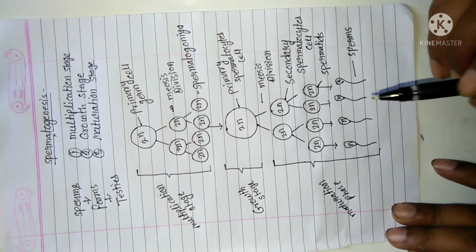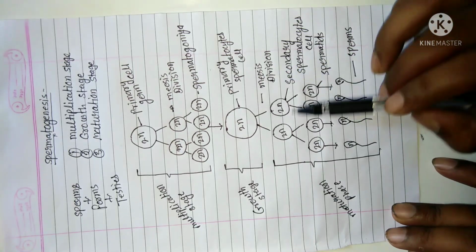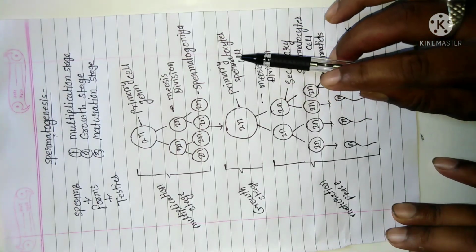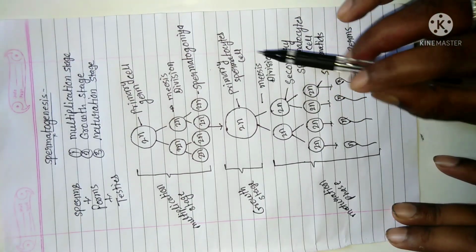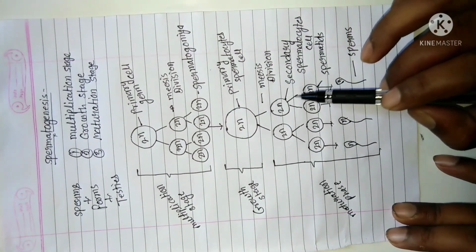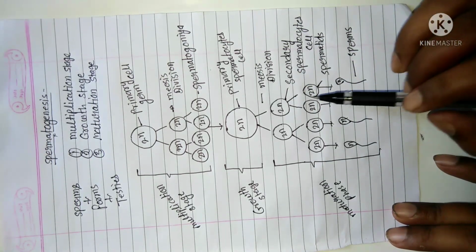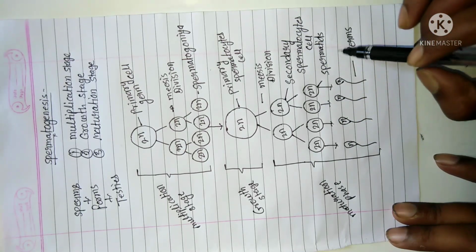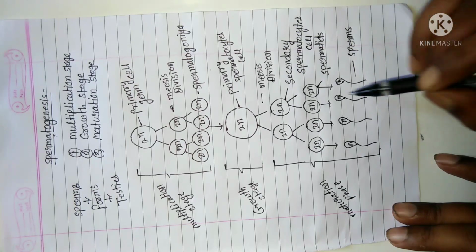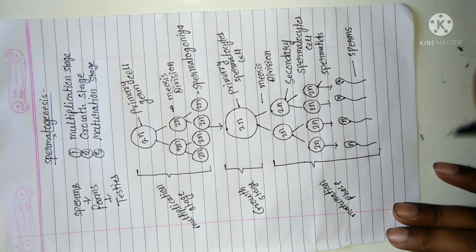Maturation phase starts from primary spermatocyte cells' meiosis division. When primary spermatocyte cells get divided, they form a new cell which is called secondary spermatocyte cell. Secondary spermatocyte forms spermatid, and spermatid forms sperms. Sperms are male gamete.